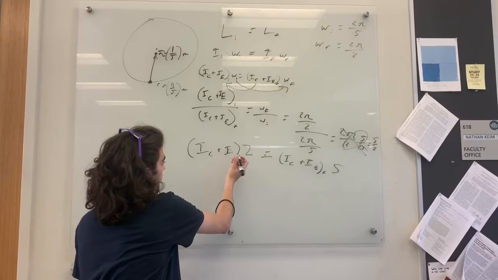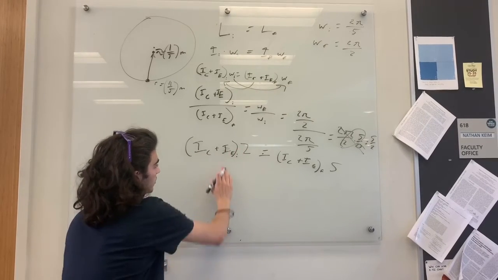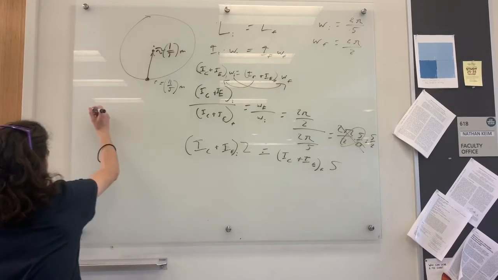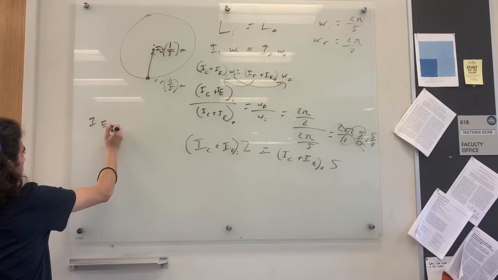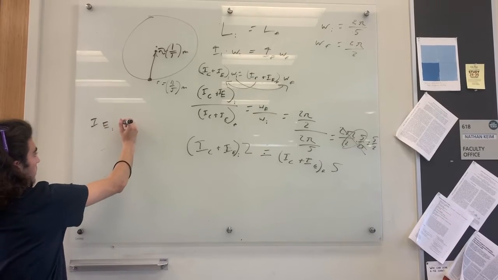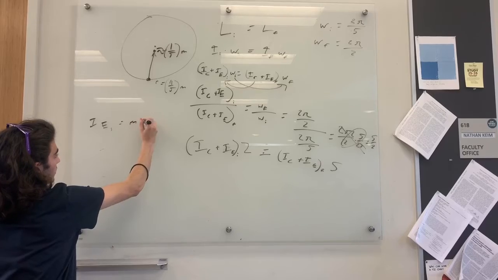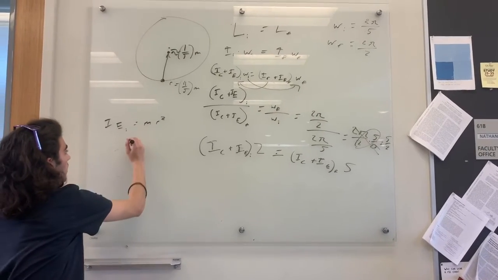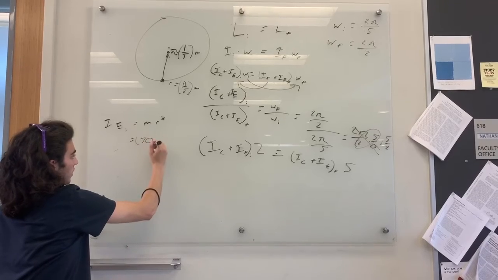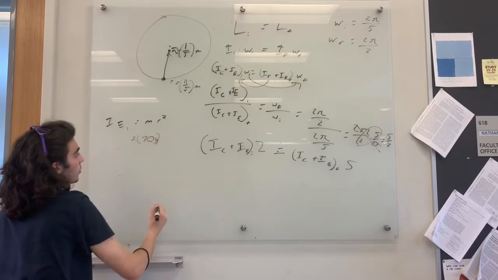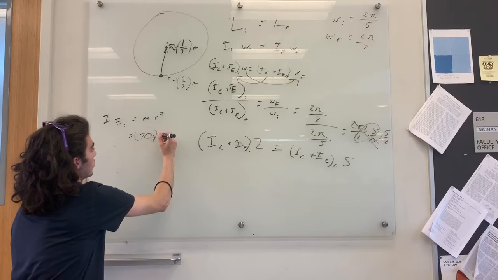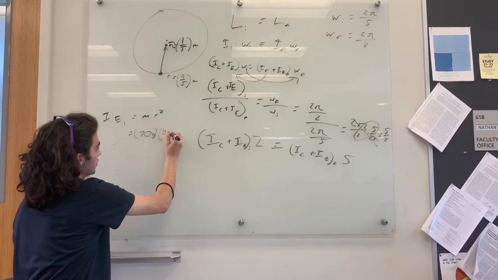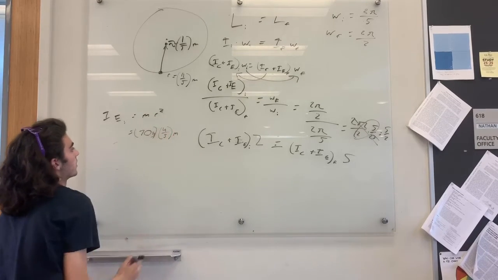And so what we're going to do now is plug in our values for my moment of inertia. Initially, we know that's going to equal m r squared in both occasions. While my mass of 70 kilograms does not change, our radius does. Our radius initially was 4/5 of a meter, squared.